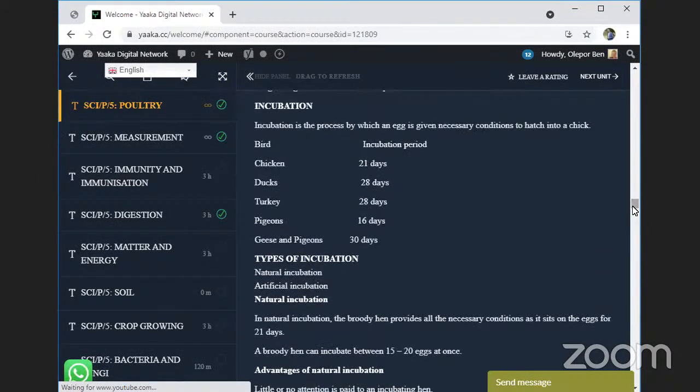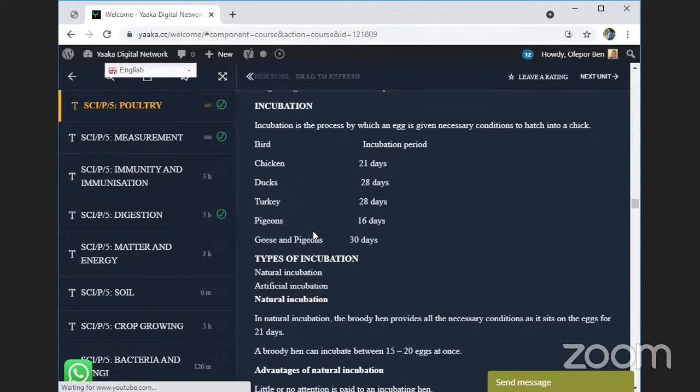So when you look at different birds, they have got different times they take in order for their eggs to hatch. When you look at chicken, these ones take 21 days. For the case of the ducks, these ones take 28 days. The turkeys take also 28 days. The pigeons just take 14 days.